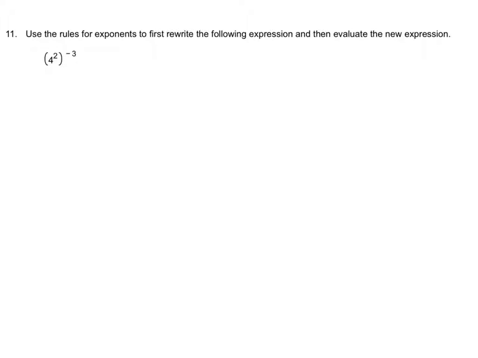Use the rule for exponents to first rewrite the following expression and then evaluate the new expression. 4 squared, all raised to the negative third power. We're going to apply the power rule. The power rule states that when we have an exponential number being raised to another power, we can multiply the exponents together.